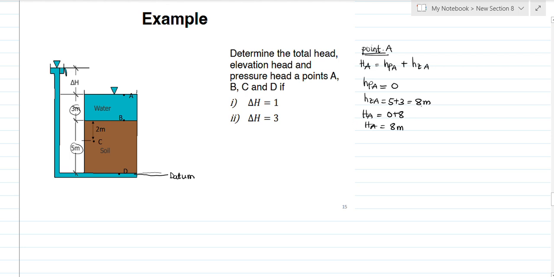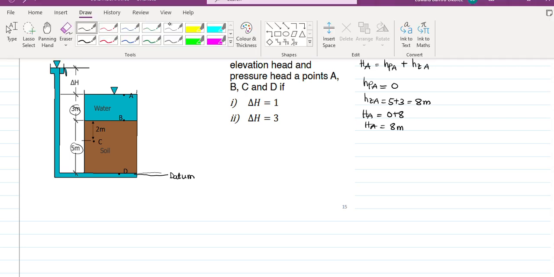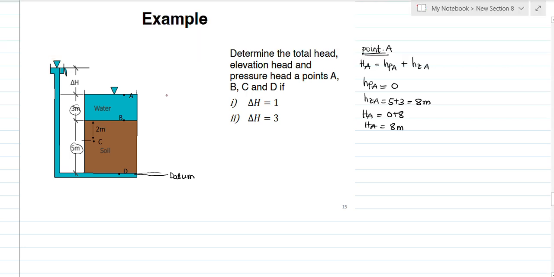Then we go to the next point. Now, I'll give you a trick. Anytime they give you such a question, the easiest points to find are at the top, at the base, and at this side. If we are asked to find parameters at a point within the soil, you can't find them first.